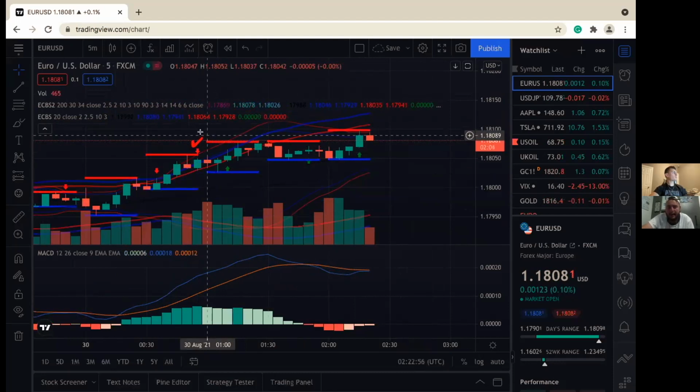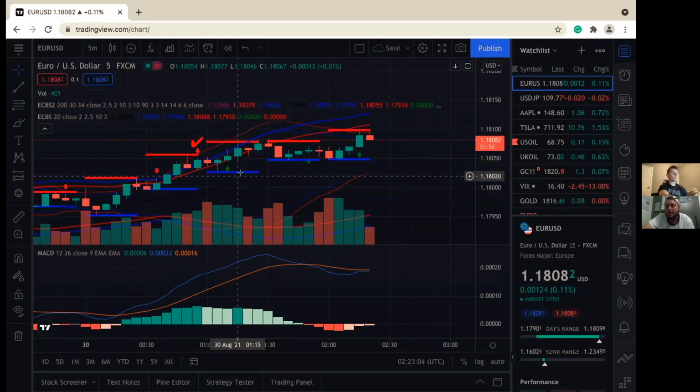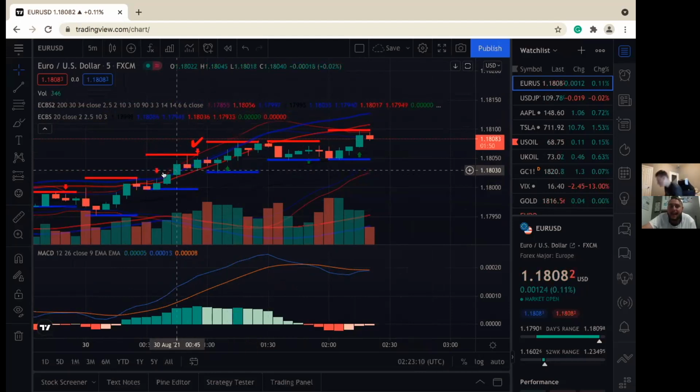These arrows are not like Cash Trap. Cash Trap gives us an arrow every single minute, whether up or down. Here it's more accurate. Whenever it gives you these arrows, they're more accurate than Cash Trap, because Cash Trap kicks out every 5 minutes.